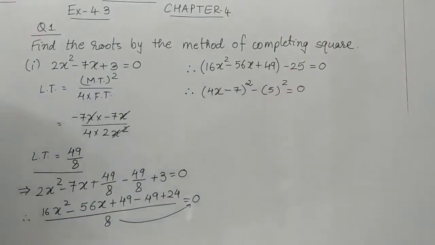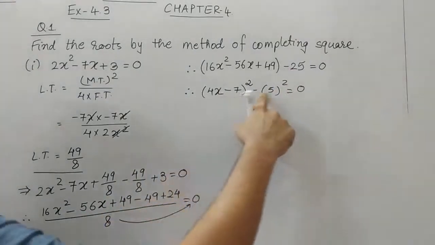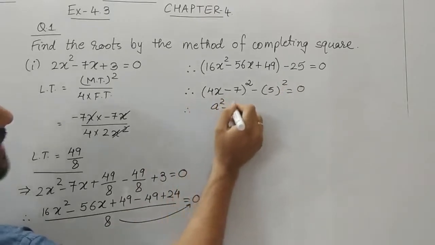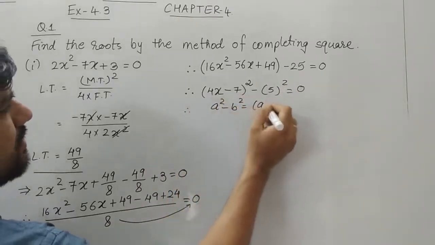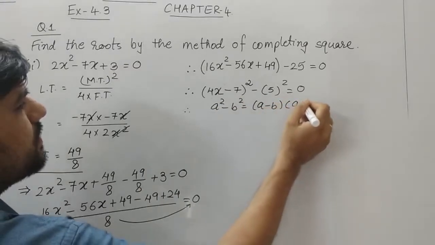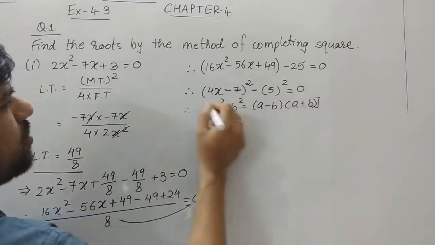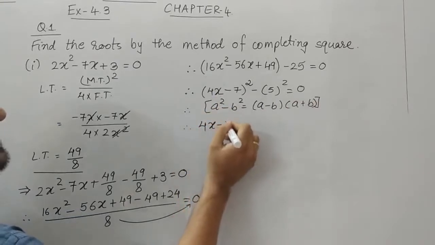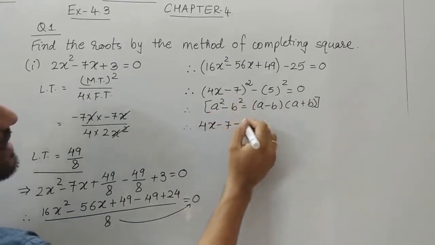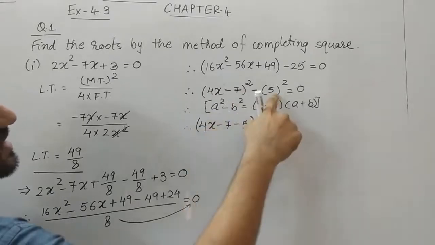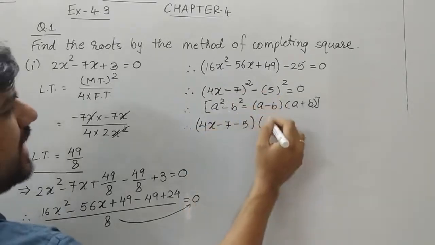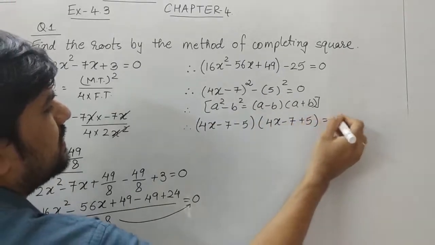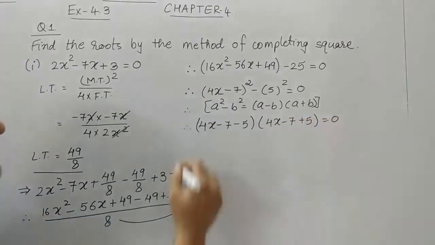So now you can see that it is in the form of a square minus b square. What is the formula of a square minus b square? We can write a minus b, a plus b. So the same thing we are going to write for this. Here the term a is considered as 4x minus 7, and this is considered as b. So a minus b, and 4x minus 7 plus 5, again a plus b.